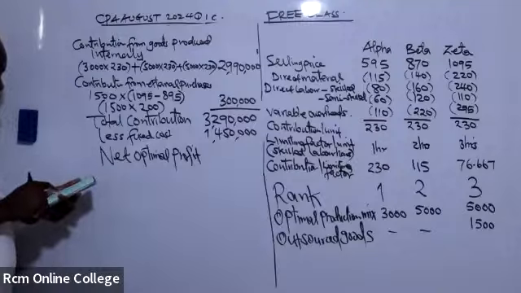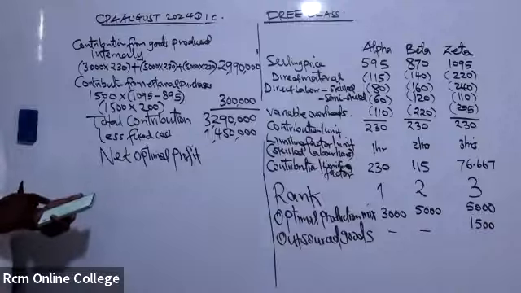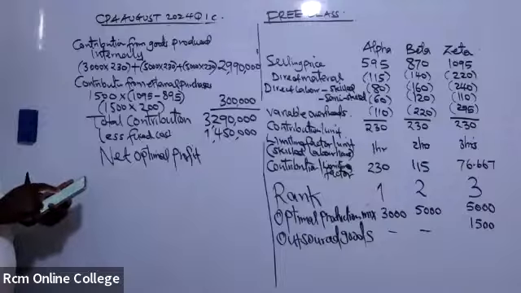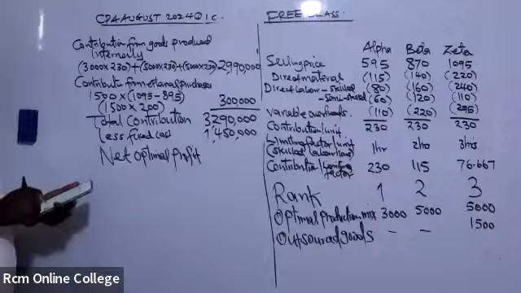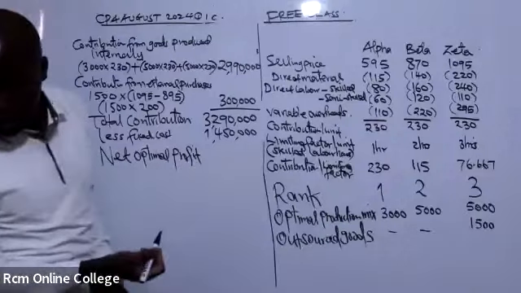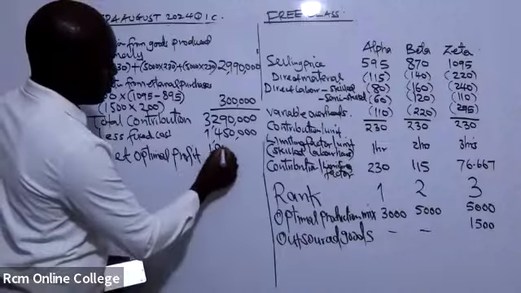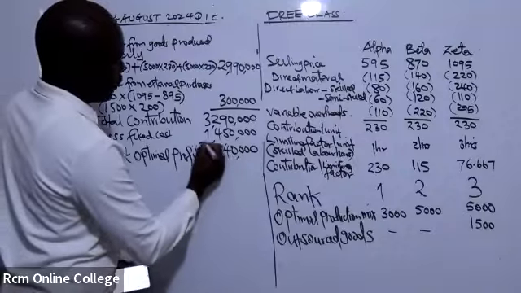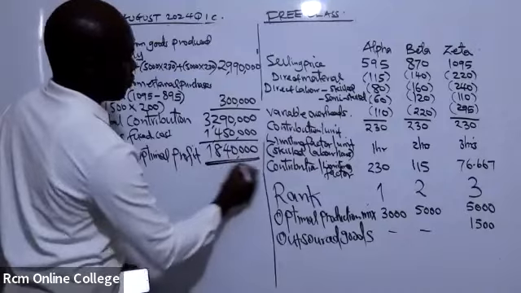Somebody should give us the net optimal profit. Good. So we have 1840. That is the net optimal resulting profit.